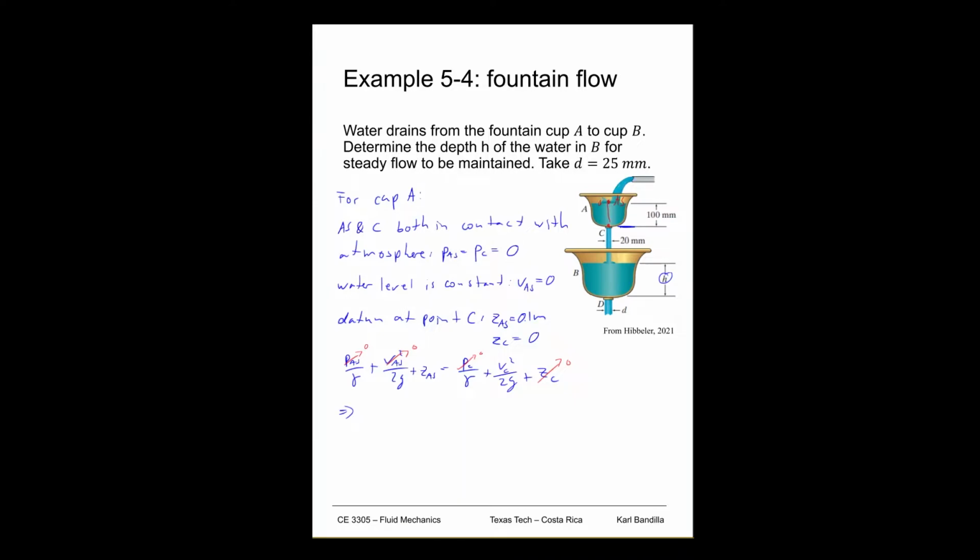So we can say that VC squared over 2G is equal to ZAS, and of course we can solve that for VC. So VC squared would be 2 times G times ZAS, or VC is equal to the square root of that.